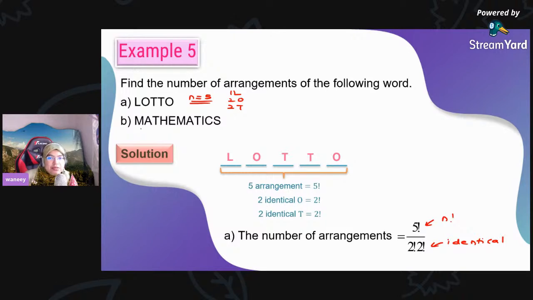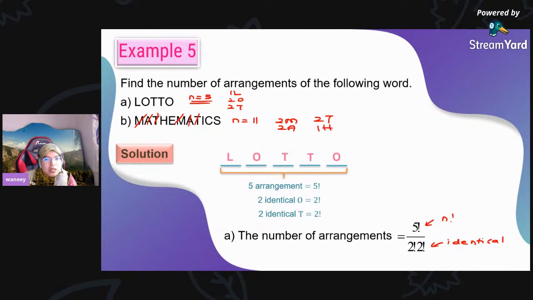Okay, let us try for part B. Mathematics: 1, 2, 3, 4, 5, 6, 7, 8, 9, 10, 11. So N is equal to 11. How many M? 1, 2, so 2 M. Then 2 A, and 2 T. Then H, I only have one.